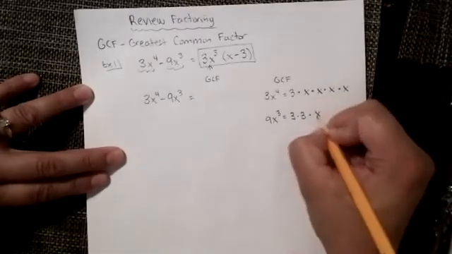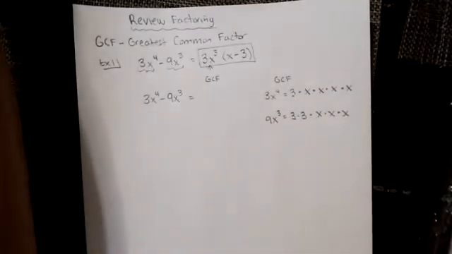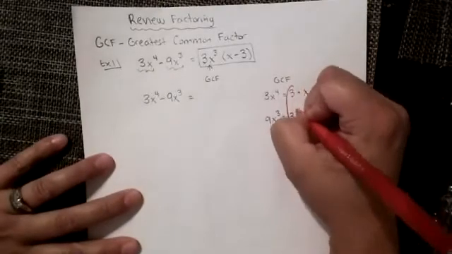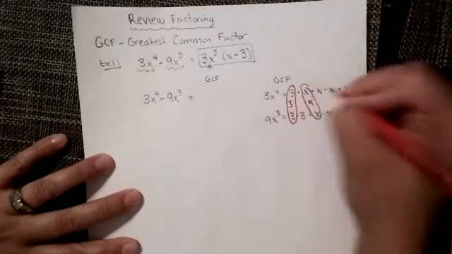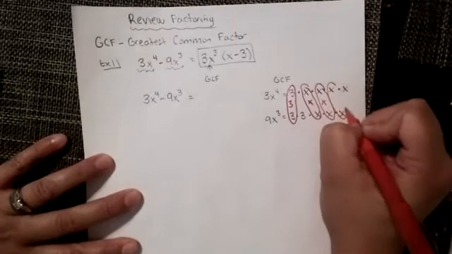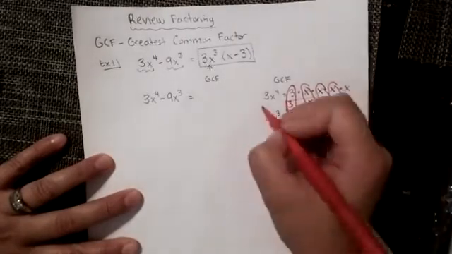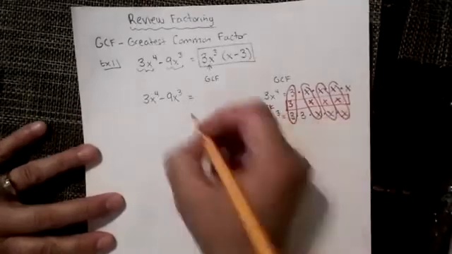And then x cubed is x times x times x. Now look and see what parts they share. They both share a 3. They both share an x. They both share another x. And they both share another x. This right here is your GCF. So my GCF there is going to be a 3x cubed.